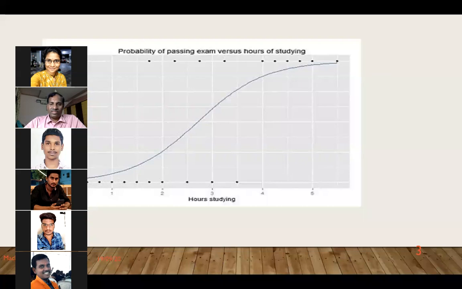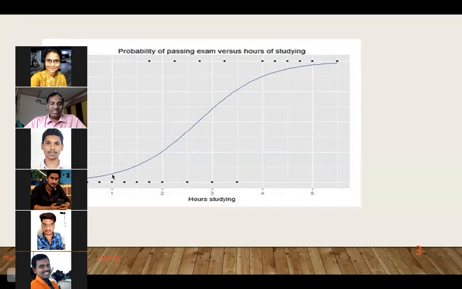So we'll get into some statistics and probability to understand. Suppose there are two variables, like hours studying and the probability of passing an exam. If people don't study anything, there is 0 probability of passing the exam. If they start putting in some hard work and cover some subjects, you can see it going from left to right.